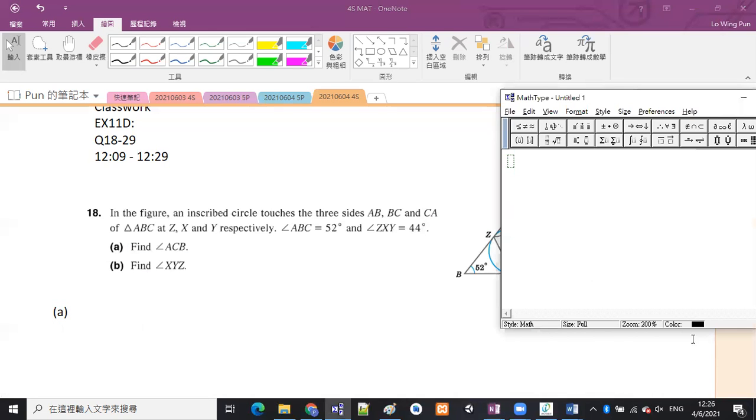好啦，如果係咁嘅話，我哋就可以用呢個 tangent properties 去做嘢。BX is equal to BZ. Therefore, angle BXZ is equal to angle BZX.